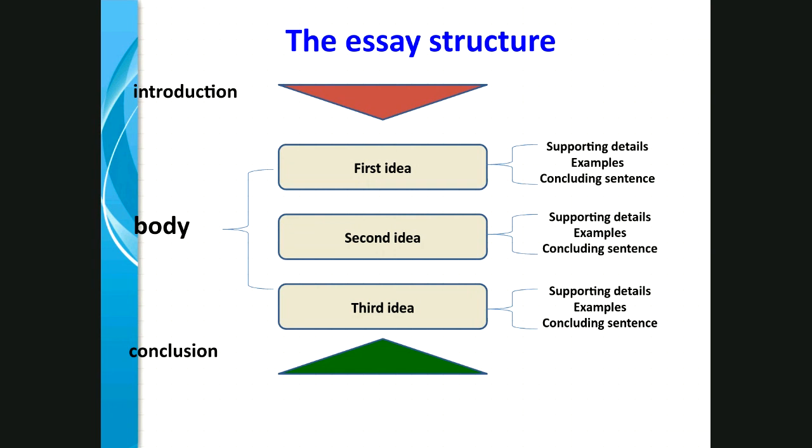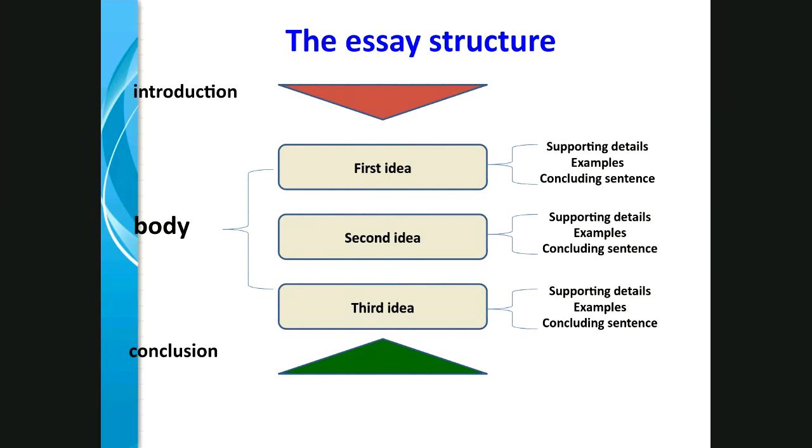From each idea, okay, you will write supporting details. For example, you might put examples also, and finally you will end with a concluding sentence. So these are the things that will go inside your paragraphs, and it's the same for the rest of the body paragraphs.